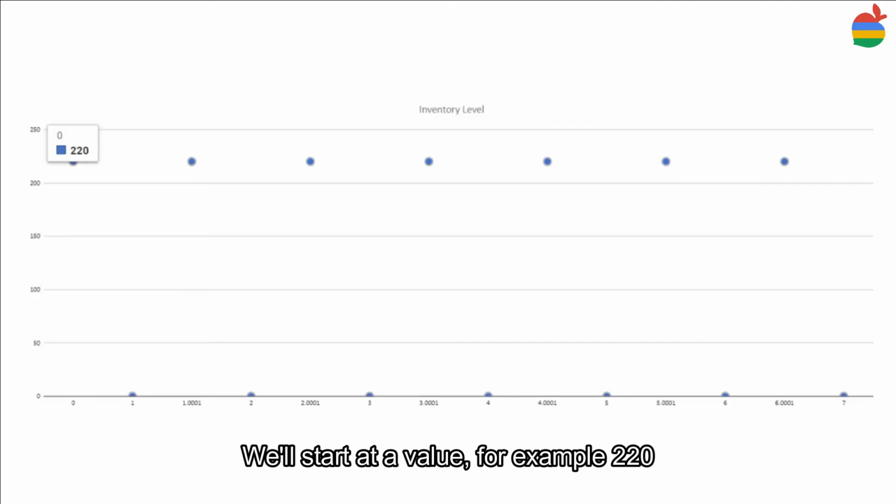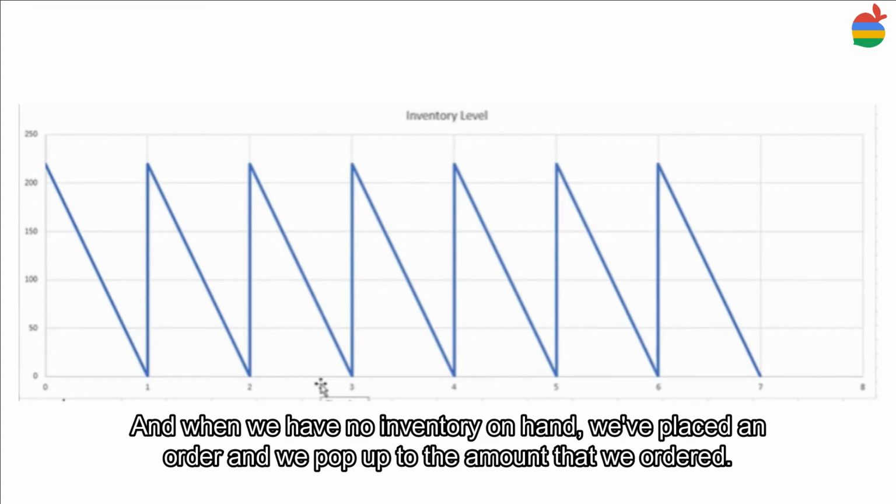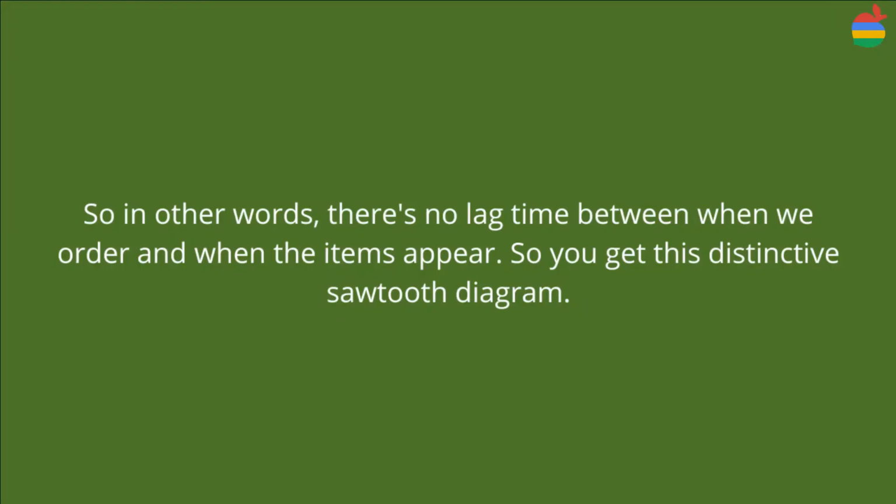We will start at a value, for example 220, and then sell until we get down to 0. And when we have no inventory on hand, we place an order and we pop up to the amount that we order. So in other words, there's no lag time between when we order and when the items appear. So you get this distinctive sawtooth diagram.